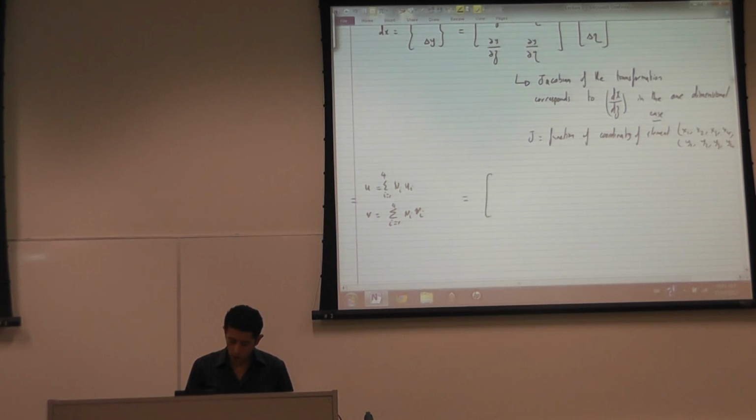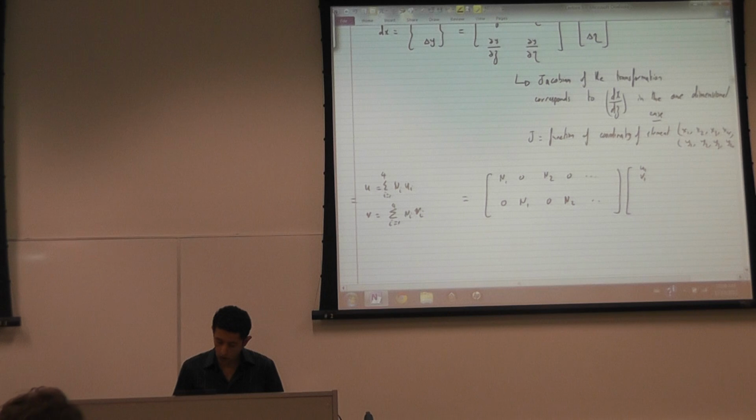So this will be equal to N1, 0, N2, 0, and so on, 0, N1, 0, N2, and so on, multiplied by u1, v1, u2, v2, u3, v3, u4, v4. These are the degrees of freedom of the element.